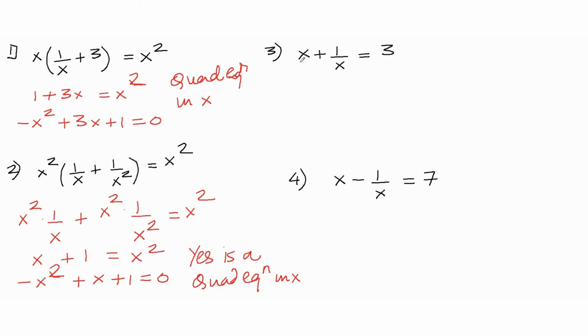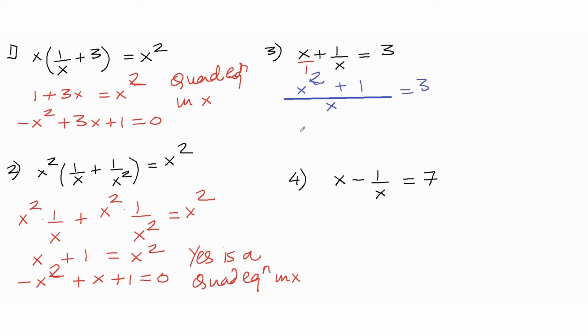So here I will have to take the LCM, if you notice. So let's find the LCM of 1 and x. The LCM of 1 and x is x, right? Therefore we get the LCM is x, and 1 is multiplied by x. So the numerator is also multiplied by x, which becomes x square. Let's note it down properly. It becomes x square plus 1 is equal to 3.